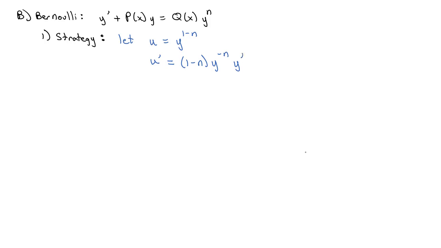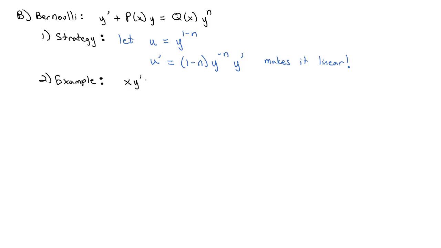What's nice about this substitution is it makes the Bernoulli equation linear. So let's take a look at an example where we can use this substitution to make a linear equation, which we already know how to solve.